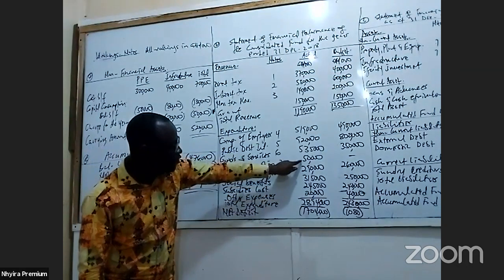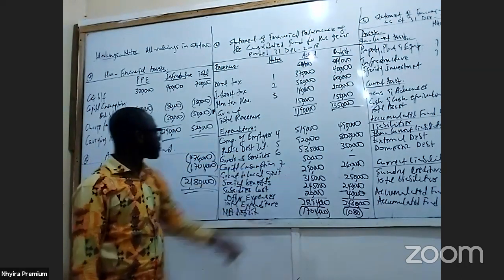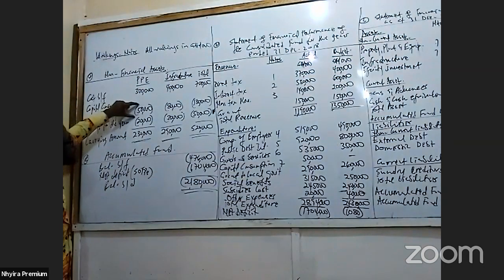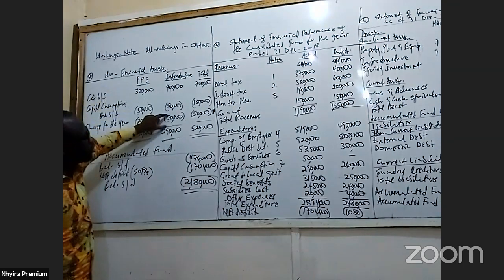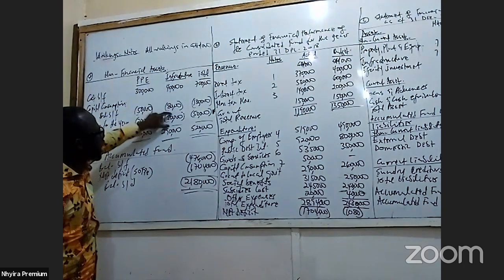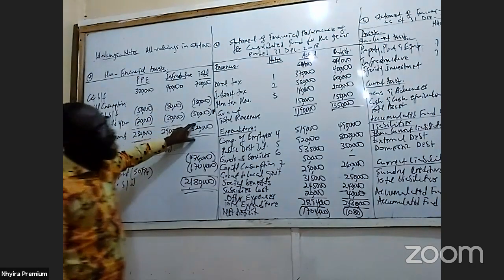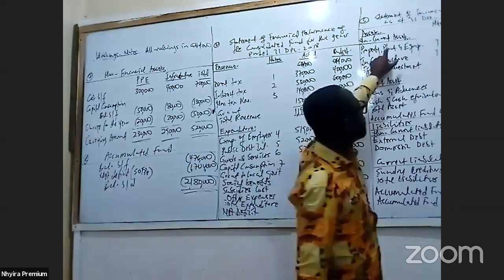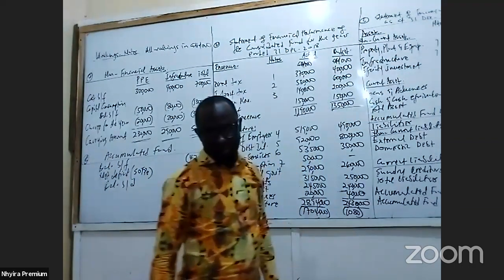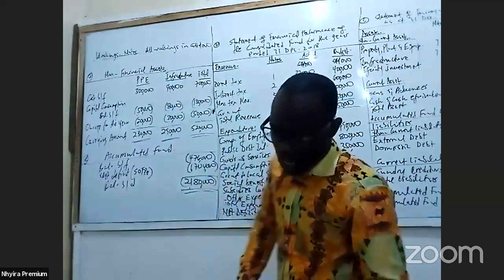Then we subtract the opening balance and the amount charged for the year from the cost. So these two become accumulated depreciation, and the carrying amounts are what we take to the face of the statement of financial position. So that is it about that.